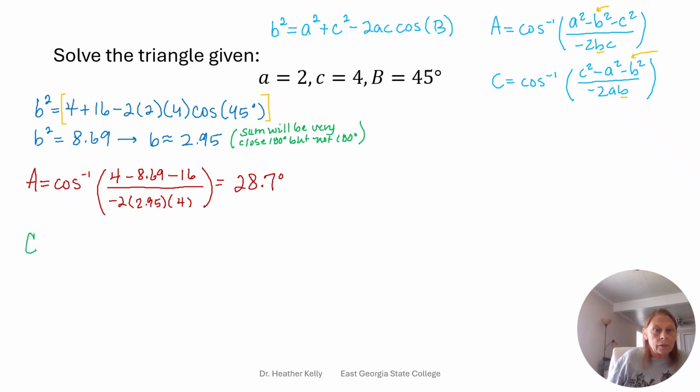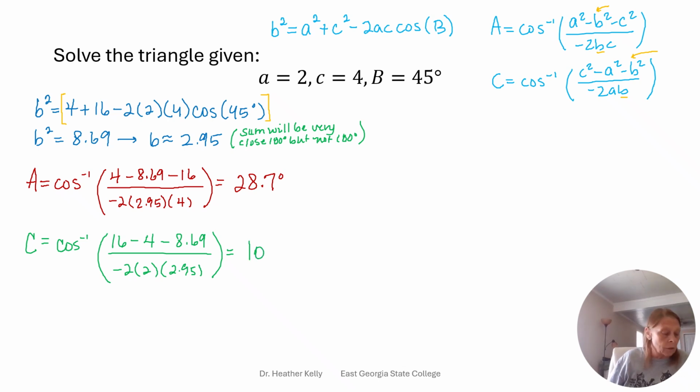Now the next one we need to get is our C. Our angle C is equal to the arc cosine of our C squared, which is 16, minus our A squared, which is 4, minus our B squared, which is 8.69, over negative 2 times 2 for our A and our 2.95 for our B. And when we run that through here, we get 106.2 degrees.